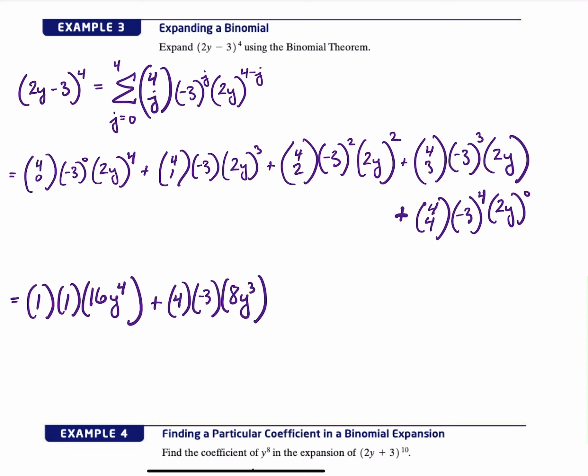Then we have 4 choose 2. We actually did that one earlier in one of our previous examples, and we got that that was equal to 6. So I'll replace that with a 6. And then we'll have negative 3 squared, so that will give us a positive 9. And then 2y squared should be 4y squared.